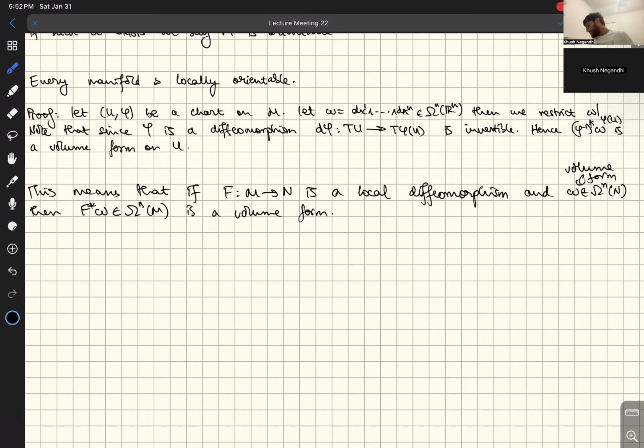So I mean, you can check that any sphere is orientable. But once we talk about Riemannian geometry, I will outline a much more direct proof that every sphere is orientable.